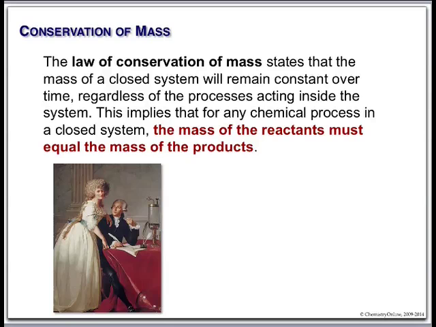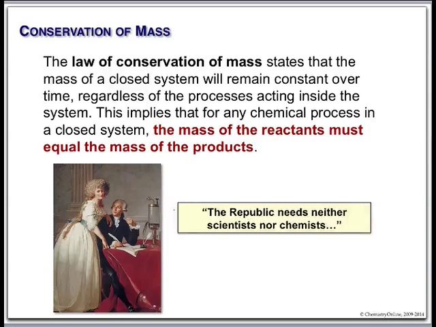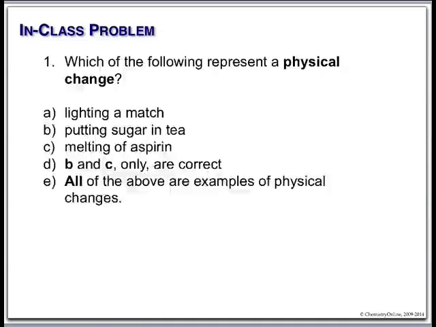All right, let's look at just a couple very simple multiple choice questions here. Which of the following represents a physical change? Lighting a match. Well, we've seen that. That burns. That's a chemical process, isn't it?